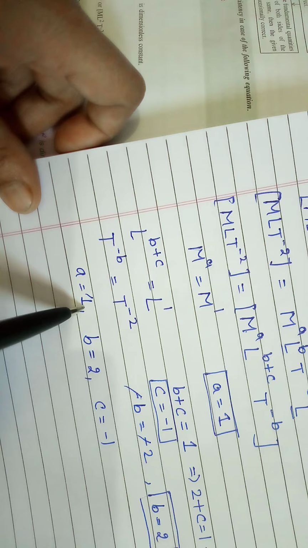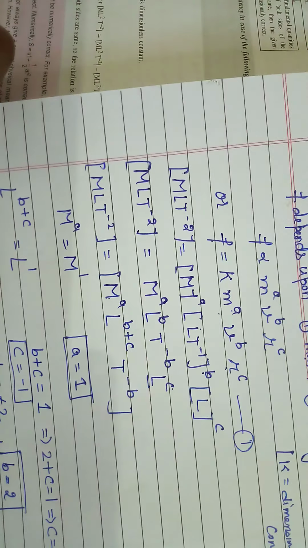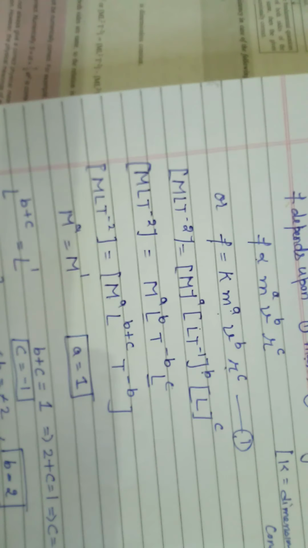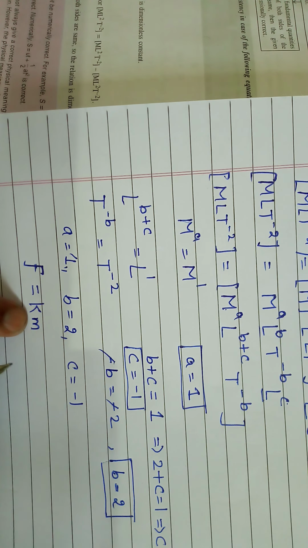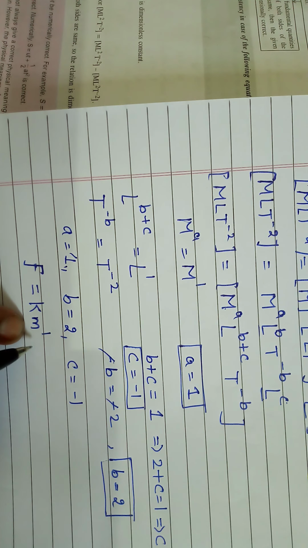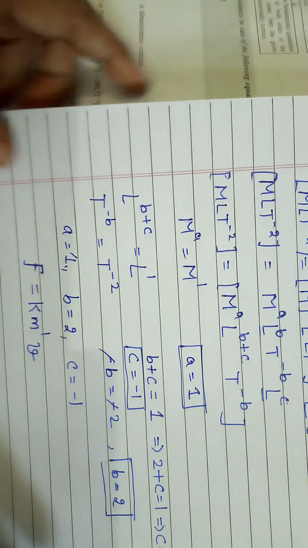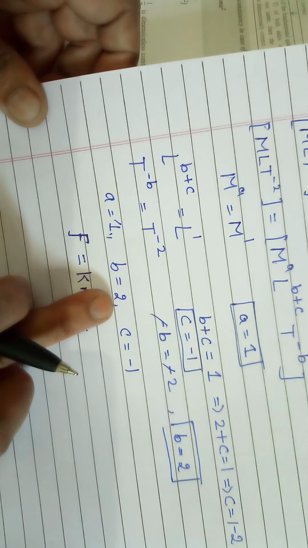Now put these values in equation number 1. Put these values here. So F is equal to K m raised to the power a, and a is 1. Next one is v, and what is the value of b? b is 2.